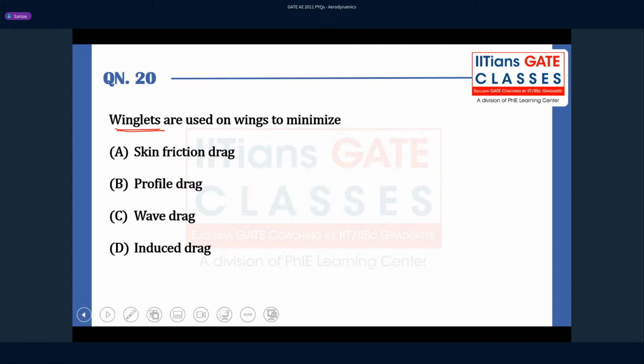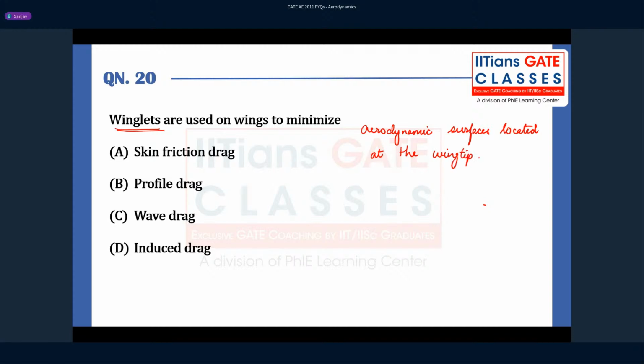Winglets are basically the aerodynamic surfaces located at the wing tips. Yeah, Sahil, you are right. They are located at the wing tip.